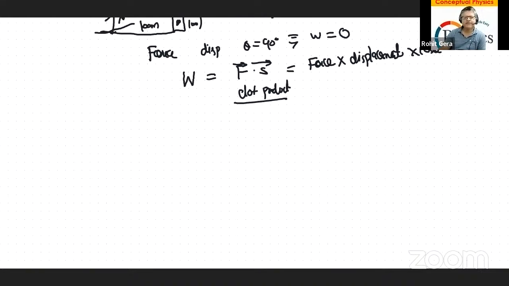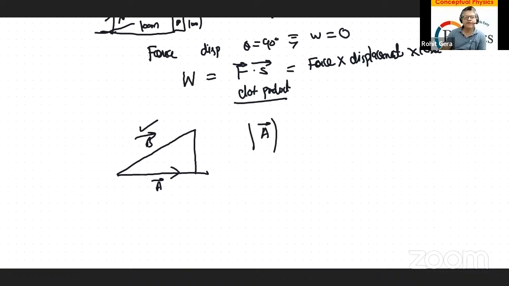If you have two vectors, A and B, and you want to find the dot product of these two vectors, which means vector multiplication in a certain manner, what you're saying is pick up vector A, find the magnitude of B in the direction of A, which means what is that component of B which is parallel to A? That component is B cos theta.